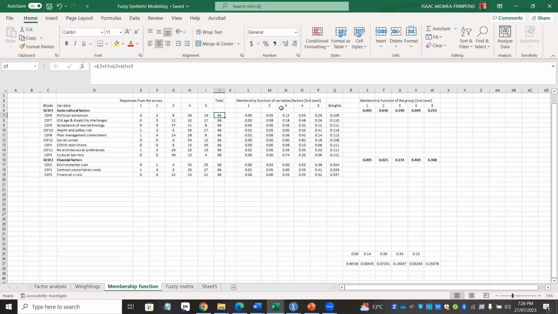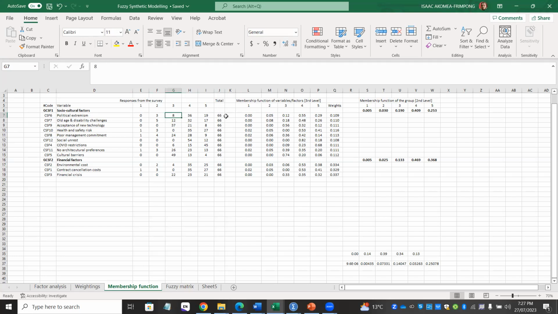So to get a membership function of the individual variables, what you have to do is just take a percentage of each of the responses that you received out of the total responses that you got. So if you pick, for example, political extremism, 0 out of 66 is 0. That's why you see 0 here. But in the second case, it's 3 over 66, and that will give you 0.05.